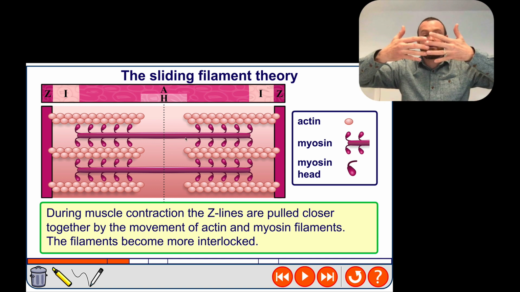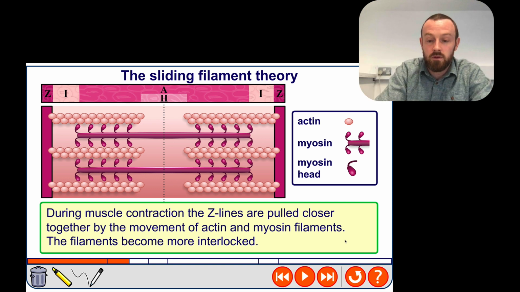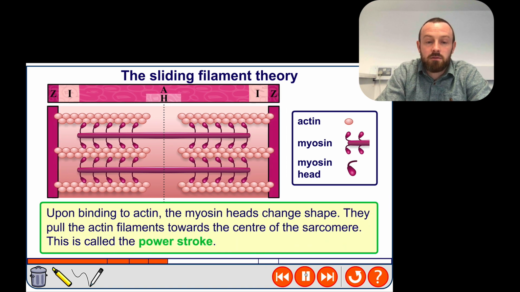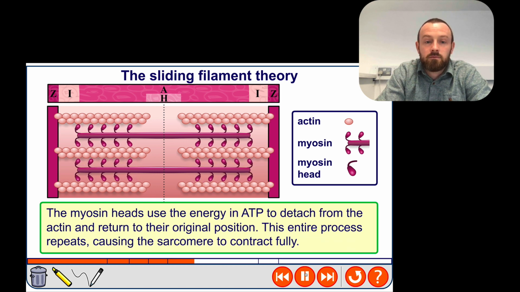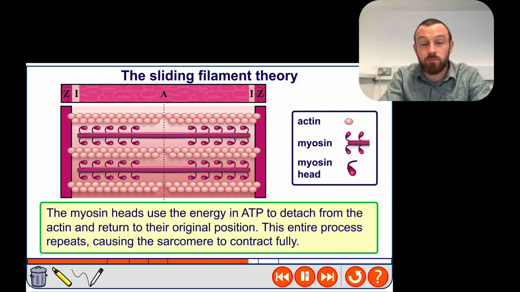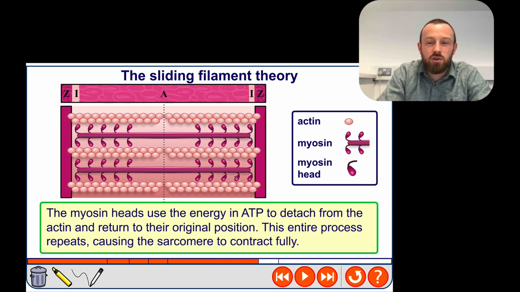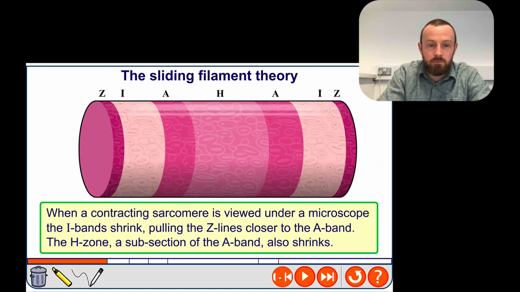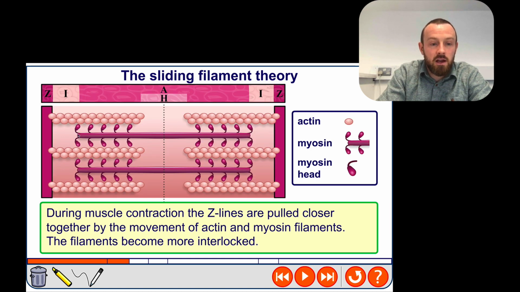Okay, so as the sarcomere fibers slide past each other, as the Crossbridge cycle moves along, the actin and myosin fibers slide past each other, called the power stroke, and the A band stays the same size, okay? Because the A band is really the total length of the myosin, okay? Pretty much. If I go back, you'll see what I mean. So the A band is basically the length of the myosin proteins.